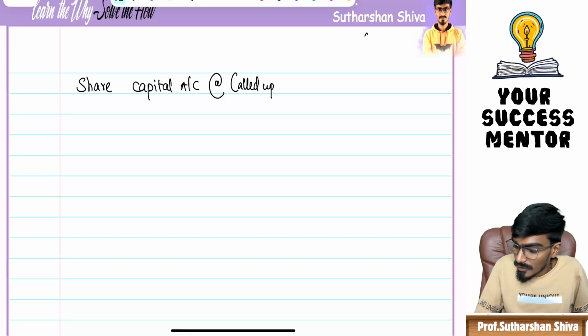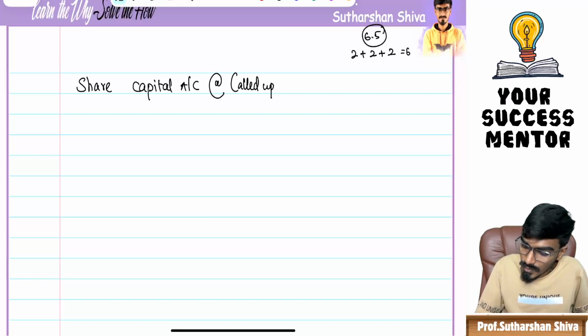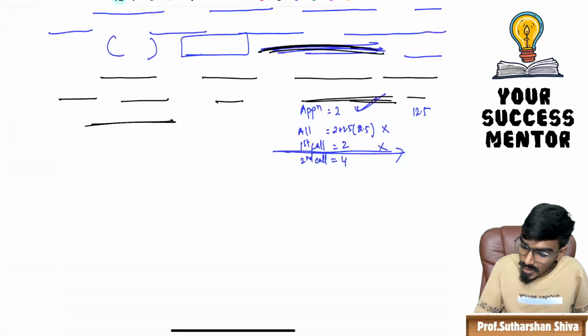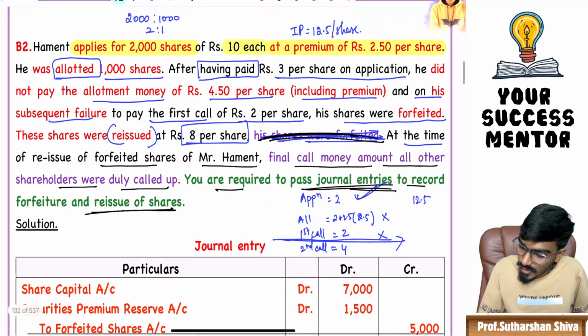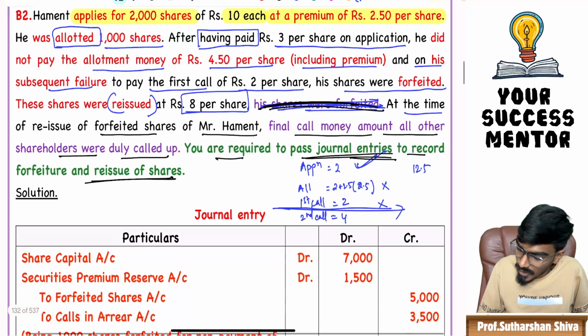6.5, sir. How did you get 6.5, sir? 2 rupees on application, 2 rupees on allotment. Sorry, sir, 3 rupees on application. Then 3 rupees on application, 2 plus here it's going to be 3.